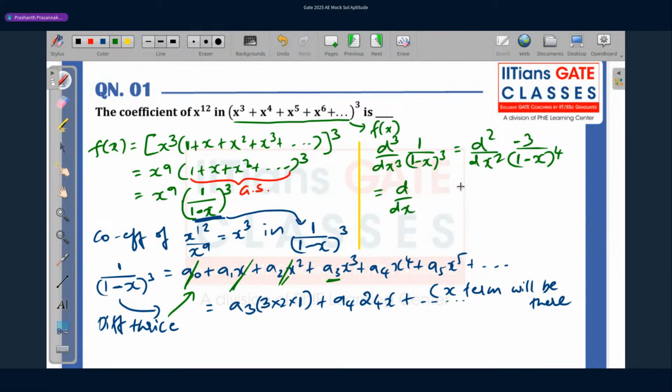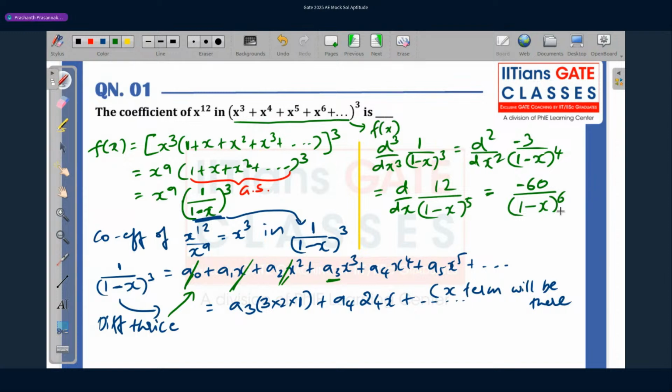When I take the second derivative, it is minus 3 into minus 4, so plus 12 divided by 1 minus x whole raised to 5. And finally, it's going to be 12 into 5. So minus 60 divided by 1 minus x whole raised to 6.